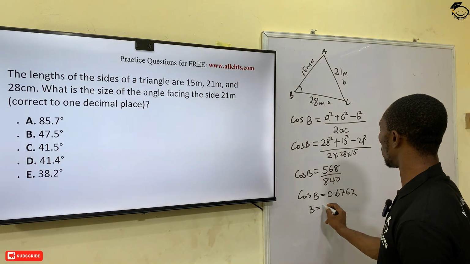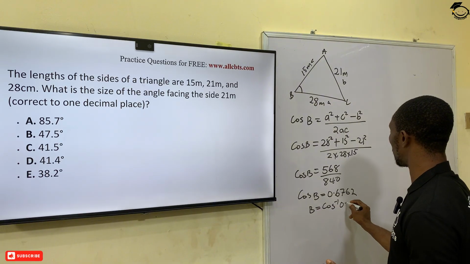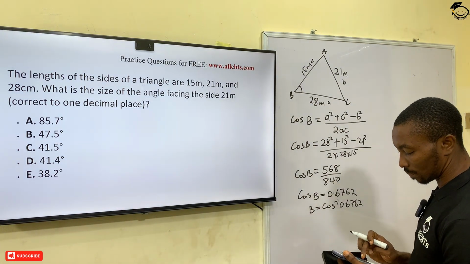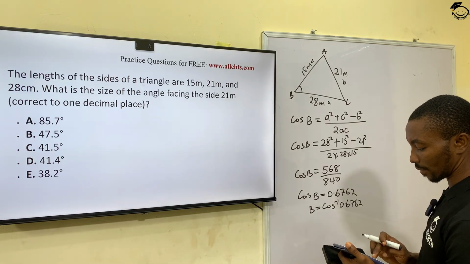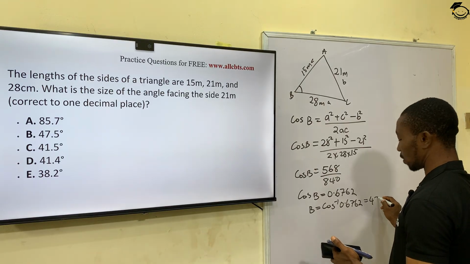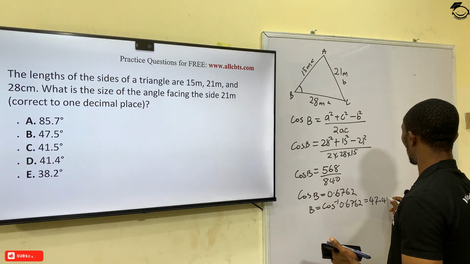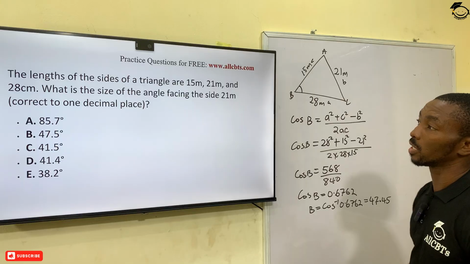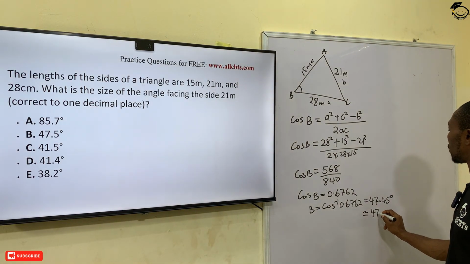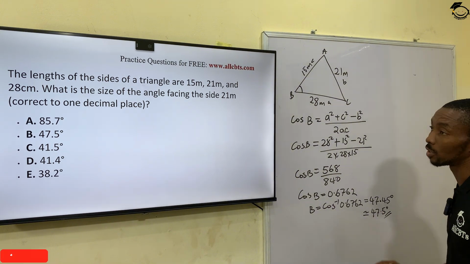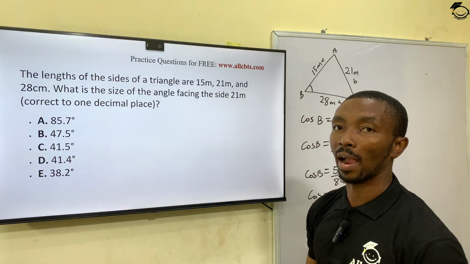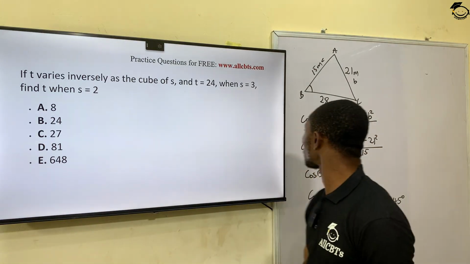So B equals cos inverse of 0.6762, which would be 47.45 degrees. Since they said correct to 1 decimal place, it will be 47.5 degrees. So the angle at B is 47.5 degrees.